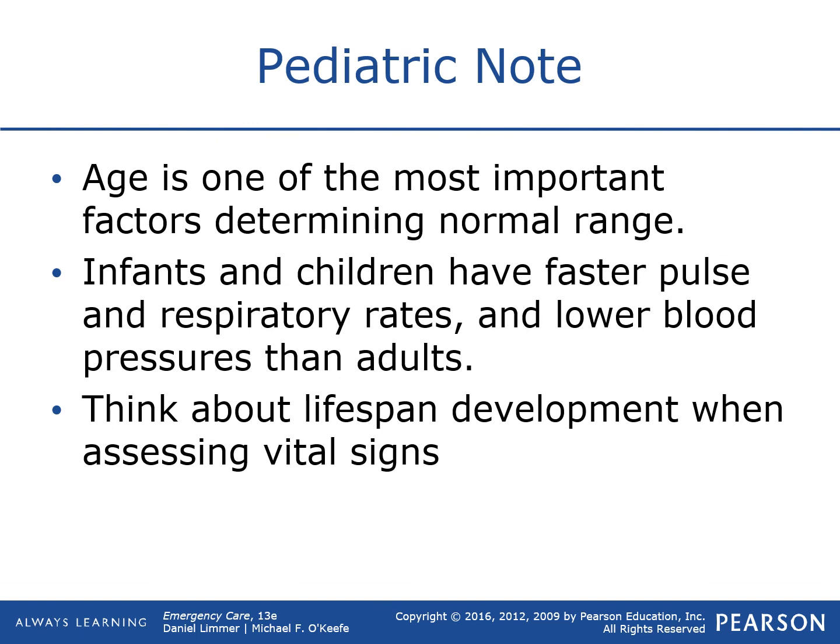So when we're talking about any type of vital sign, age is one of the most important factors in knowing, is the vital sign normal? That's why we talked about lifespan development before this. So remember, from lifespan development, infants and kids have faster heart rates, faster respiratory rates, and lower blood pressures. So knowing those ranges is critical for adequately assessing pediatrics.